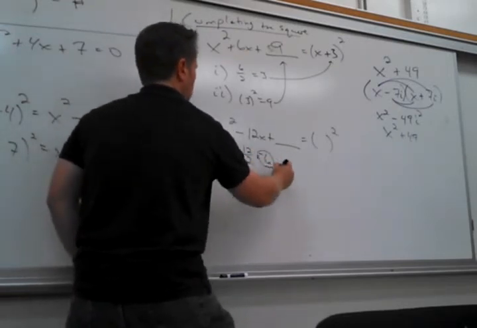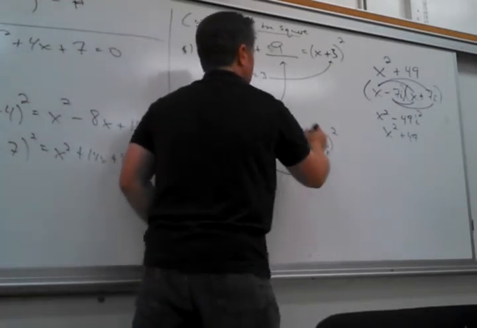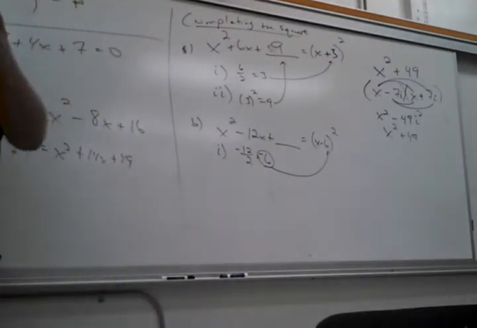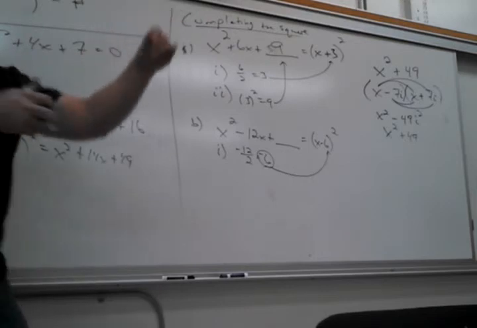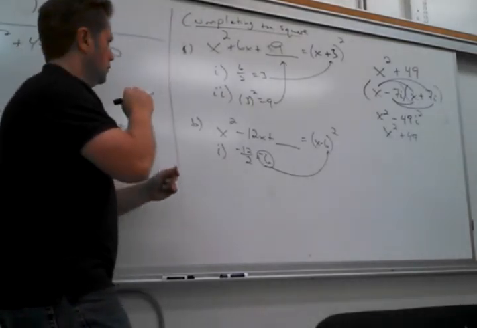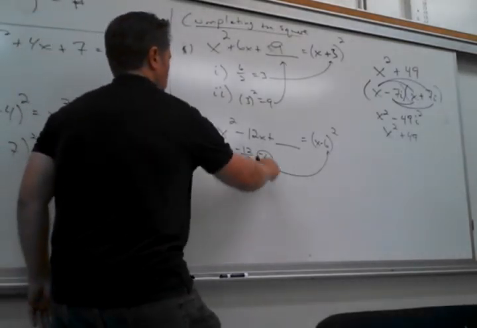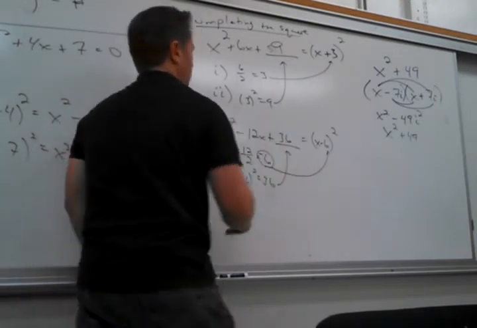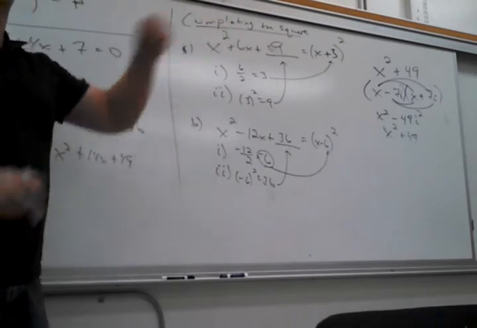So 6, negative 6, is what's got to go here. What's really kick-ass about this process is you don't actually have to factor anything. It tells you what number to put in the answer. And then the second step is whatever I just got, I square it, and that's what I put there. 36. And is that true? Yes. Hell yes.